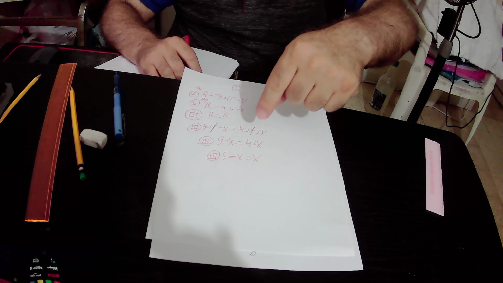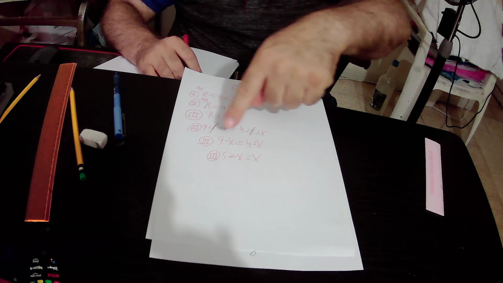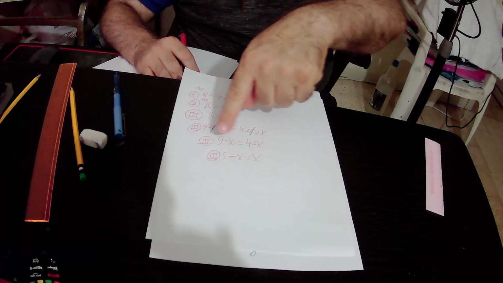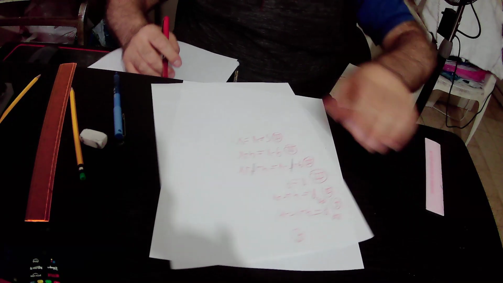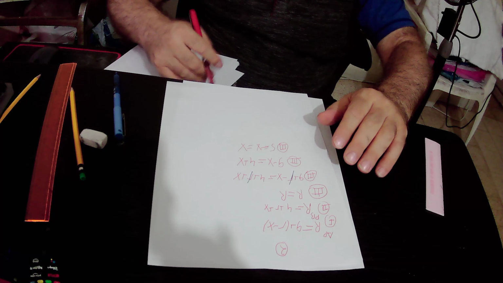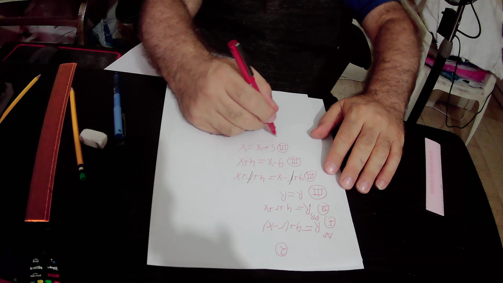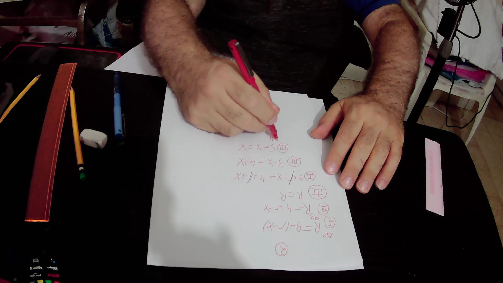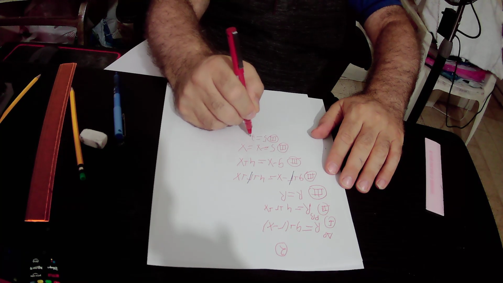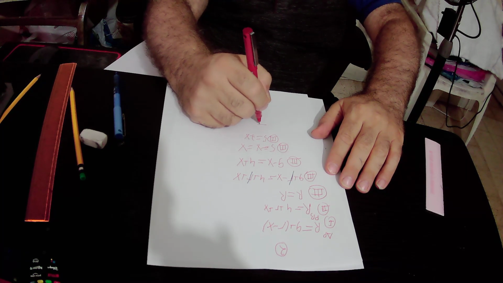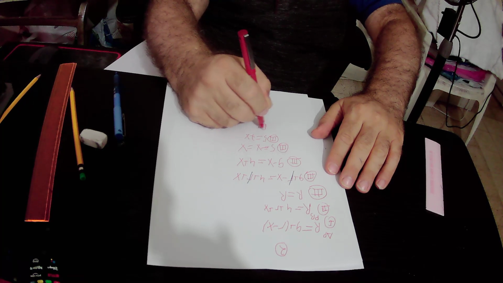We will add x to equation number 3, and we will get that 5 minus x plus x, which is 5, equals x plus x, which is 2x. So we have 5 equals 2x.